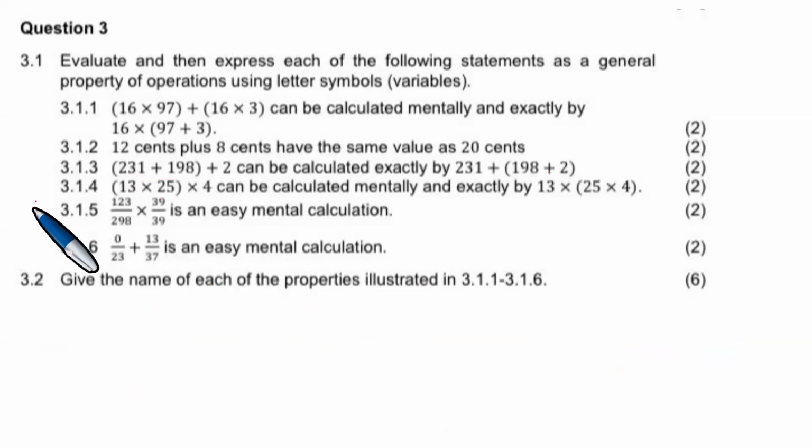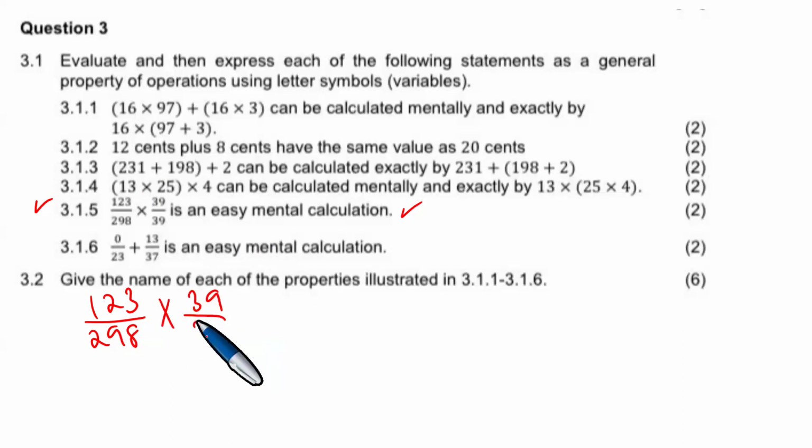3.1.5 is like this. This one is an easy mental calculation. If you take 123 over 298, you multiply by 39 out of 39.